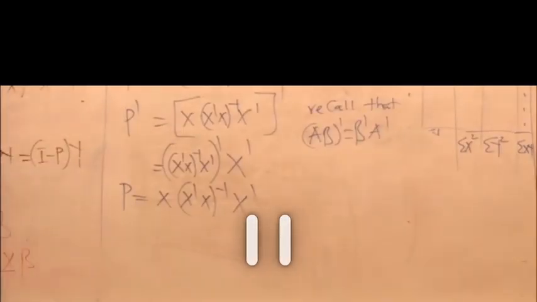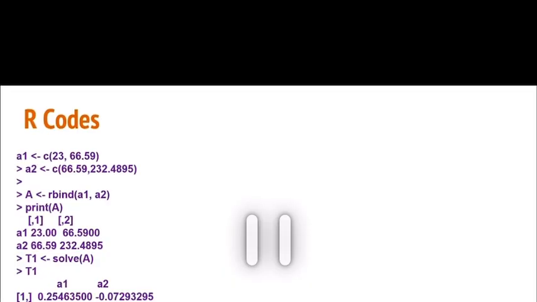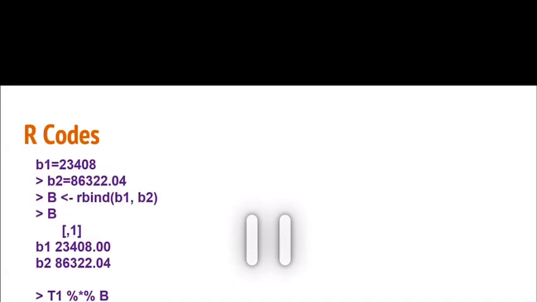Look at that: solve A. This is the matrix, the X prime X. You solve A, and that will give you the inverse. The moment you get the inverse, you just multiply by the X prime Y, another matrix.